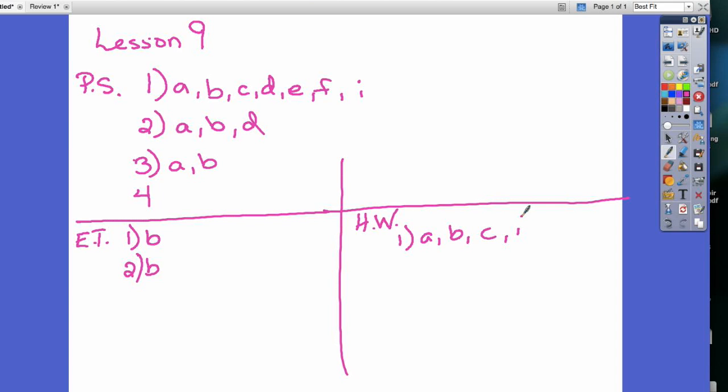Now, if you circle the numbers on here or highlight them, make sure you actually do those problems. Okay? Last time I had several people that just kind of circled them and then didn't do them. Homework is 1D14. Guys, if you just look at the top, it says lesson 9 homework at the very top of your page.